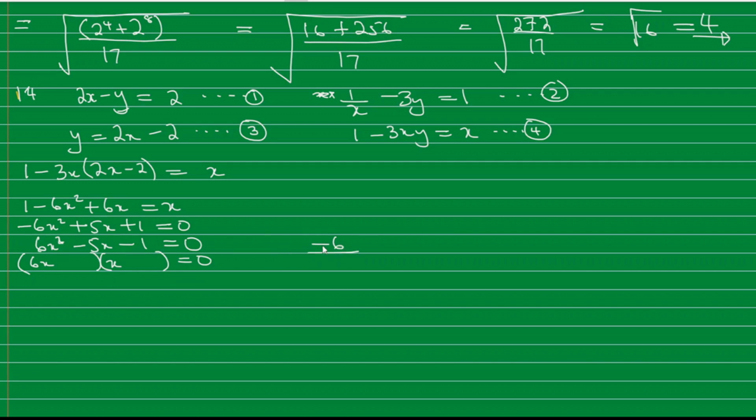So I will find factors of negative 6 whose sum is negative 5. So that is a negative 6 and a positive 1. If I multiply these two, they give me negative 6. If I add them, they give us negative 5.